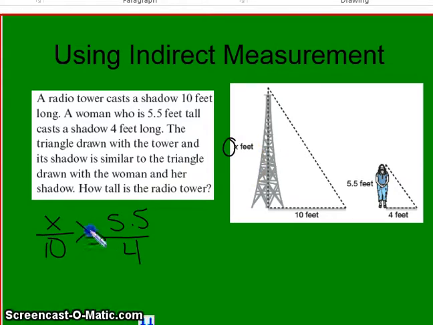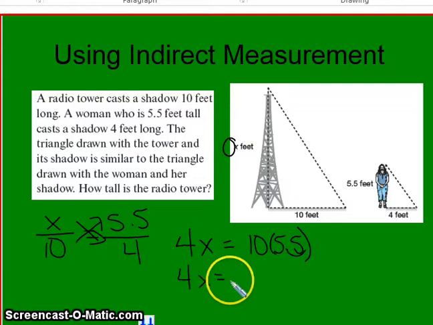So if I cross multiply, I get 4 times x, or 4x, equals 10 times 5.5. 10 times 5.5, since we're multiplying by 10, we just move that decimal point one place to the right, and that is 55. And then to get x by itself, since here it's being multiplied, 4 times x, to get rid of the 4 we're going to divide.